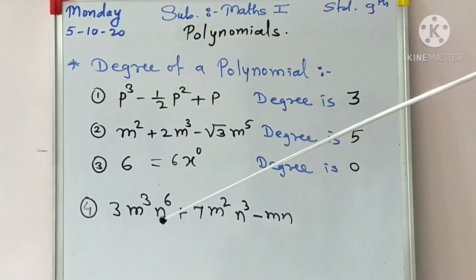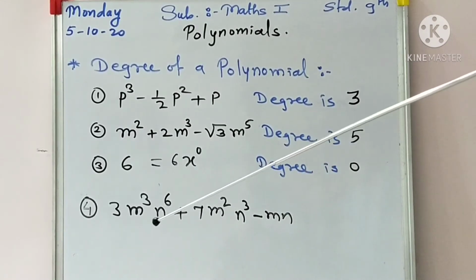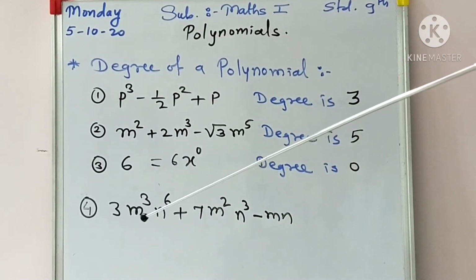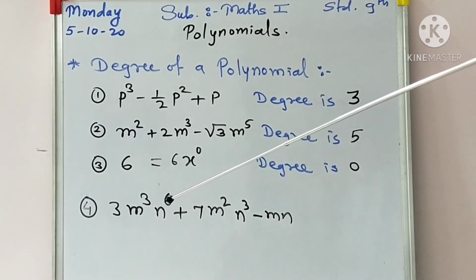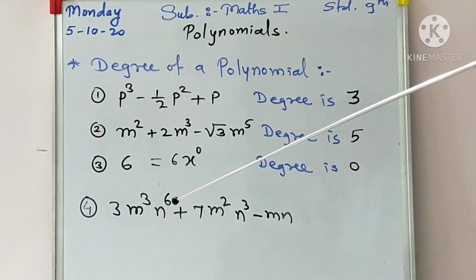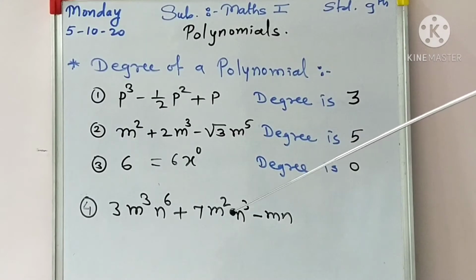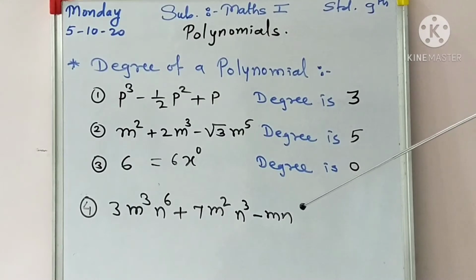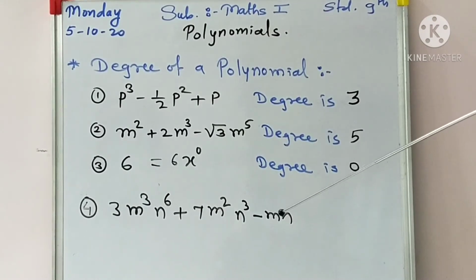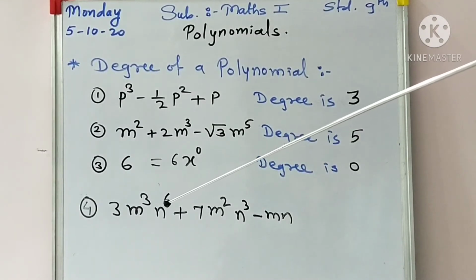For the first term, two variables are there and the powers are 3 and 6, so we add these powers and it becomes 9. For the second term, adding the powers, 2 plus 3 is 5, and for the last one, if there is no power, we consider it as 1. So 1 plus 1, we get 2. So here the sum of powers is 9.